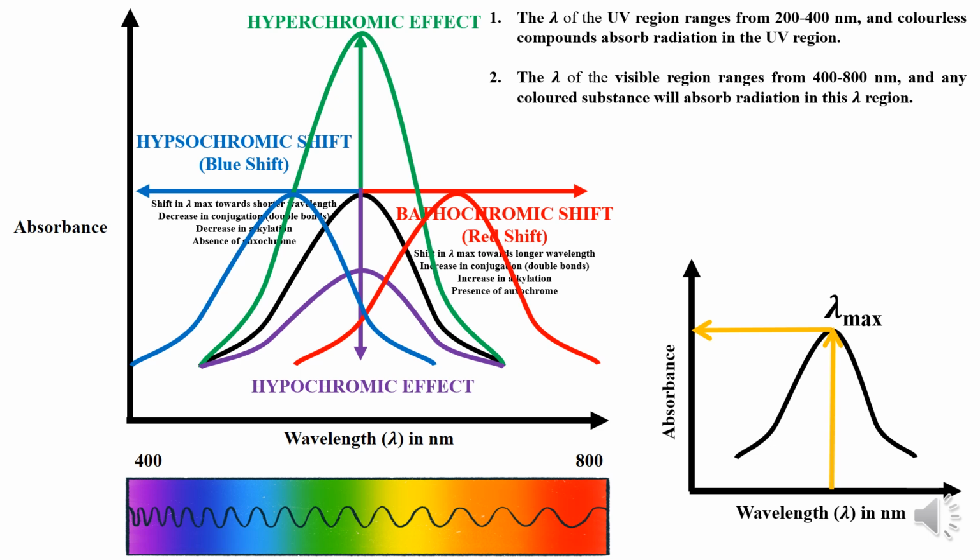Now one should familiarize themselves with these two key points. That is, the wavelength of the UV region ranges from 200 to 400 nanometers, and colorless compounds absorb radiation in the UV region. And the wavelength of the visible region ranges from 400 to 800 nanometers, and any colored substance will absorb radiation in this wavelength region.